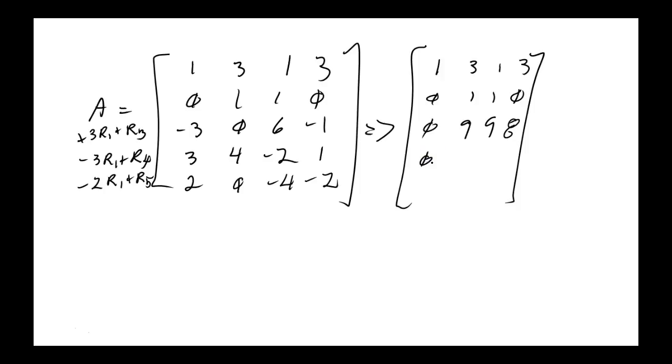So negative 9 plus 4 is negative 5. Negative 3 minus 2 is negative 5. And then negative 9 plus 1 is negative 8. Bottom row, 0, negative 6.